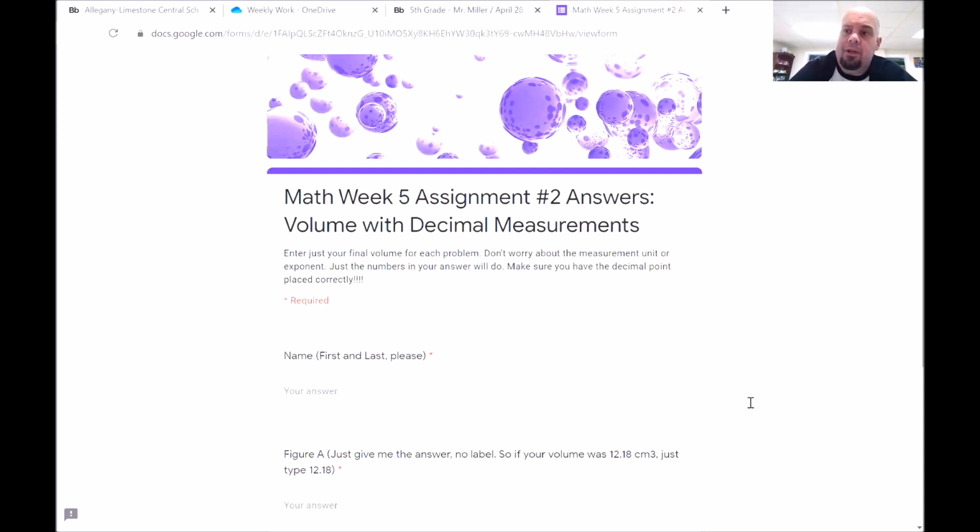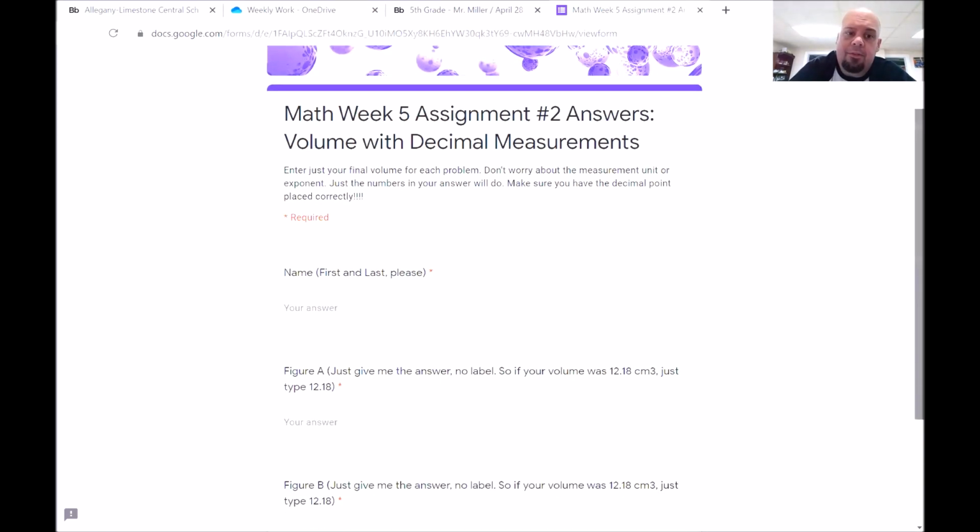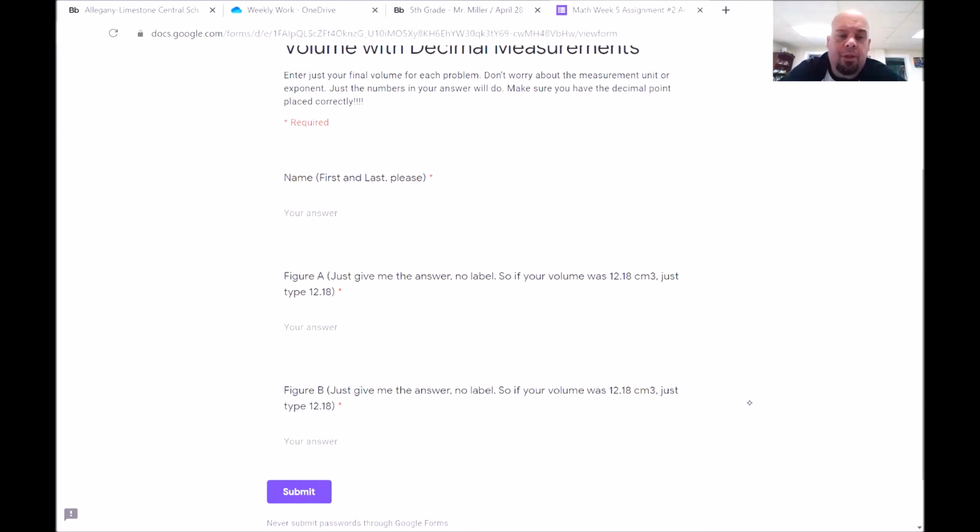Start by typing in your name first and last. And then here you're going to put in your answer for figure A, but it says in the directions, I just want the answer, no label, no exponents. So you would type in 30.28 or whatever our answer was.